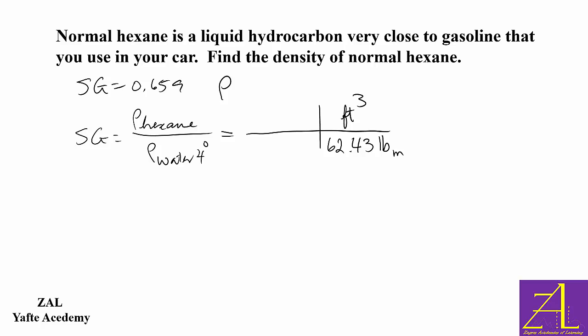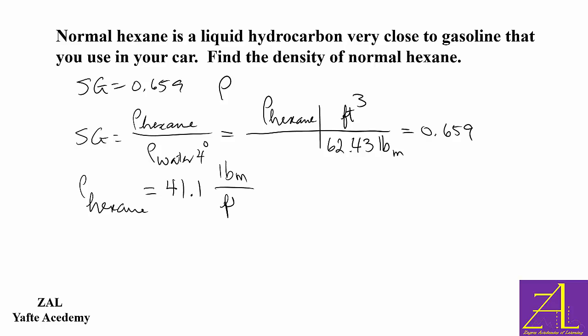And then here we want the normal hexane density. This is equal to 0.659. So we have the density to be equal to 41.1 pound mass per foot cube.